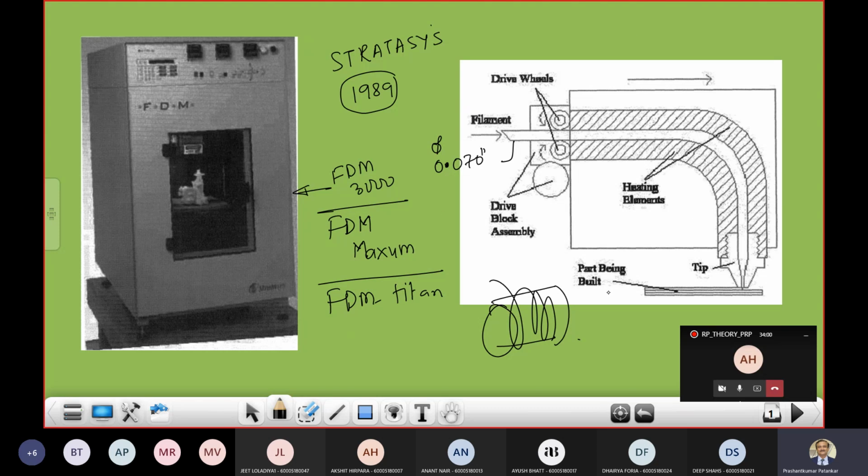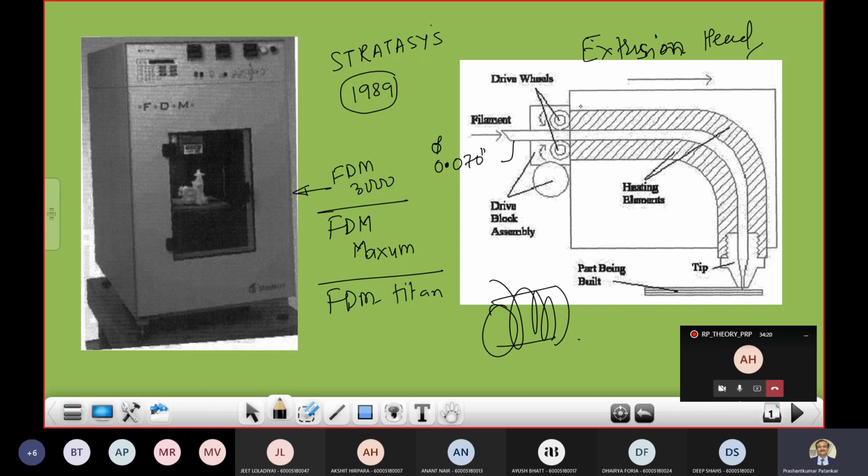This entire figure is showing the extrusion head only. This is your extrusion head.